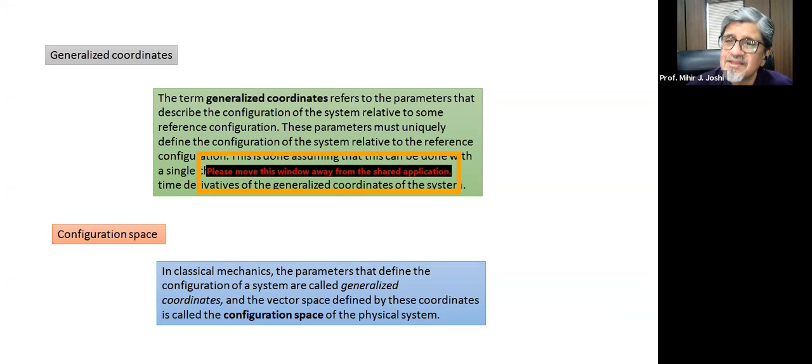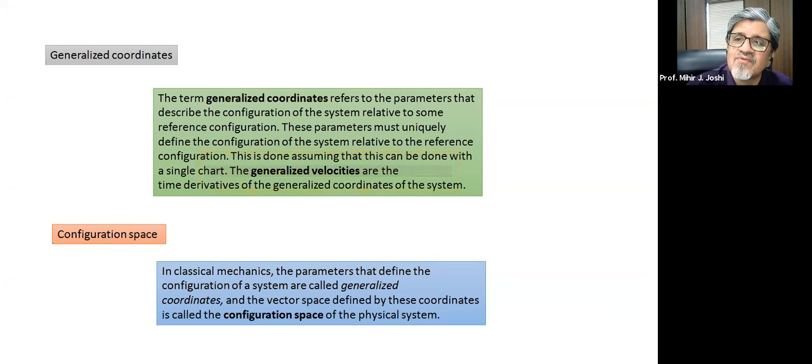Now, in mathematics, it is defined in a different manner. Suppose we imagine that there are n particles and the n particles are to be represented in 3 dimensions. One particle requires 3 coordinates. N particles are there, so 3n different coordinates are required to describe the n-particle system.